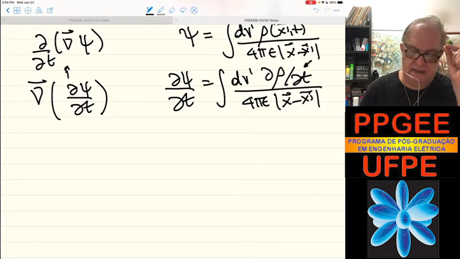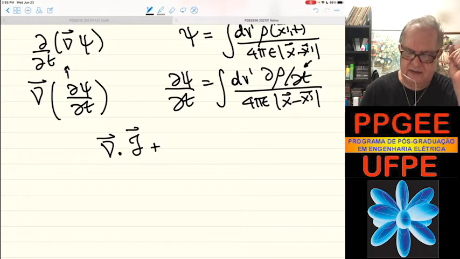d rho dt is connected to the divergence of J, right?